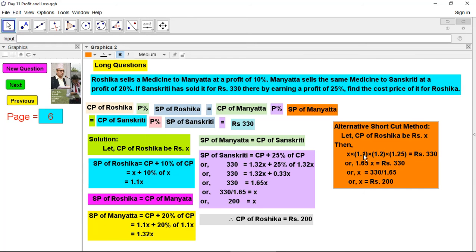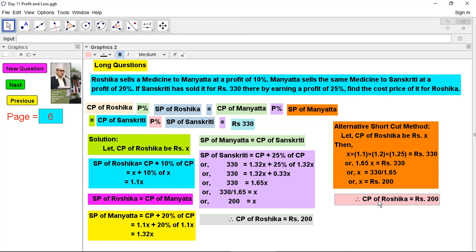And again, Manyata sells with 20% profit, so it becomes 1.2 times the result. And again, Sanskriti sold it for 25% gain or profit, so the result times 1.25. So all this product, X times all this, is 330. This is the very quick shortcut method, dear students. If you understand this, the CP of Roshika will be 200. Within 4 steps, we can find it.